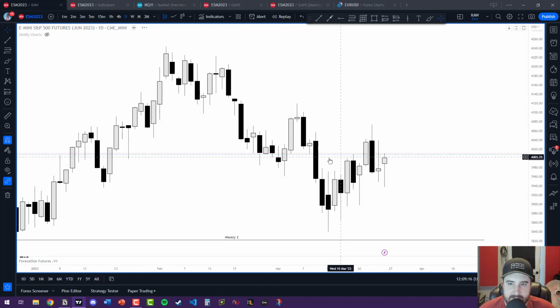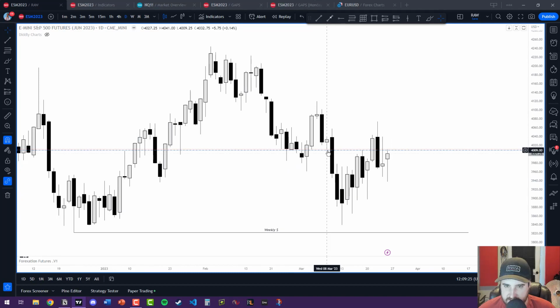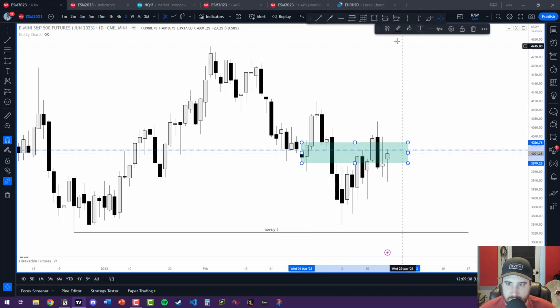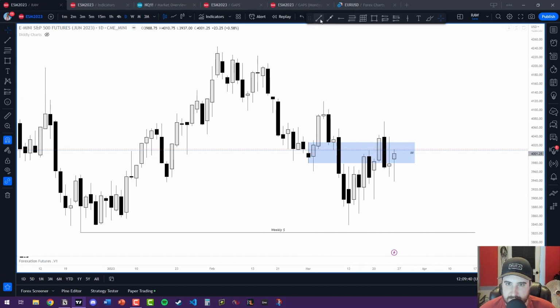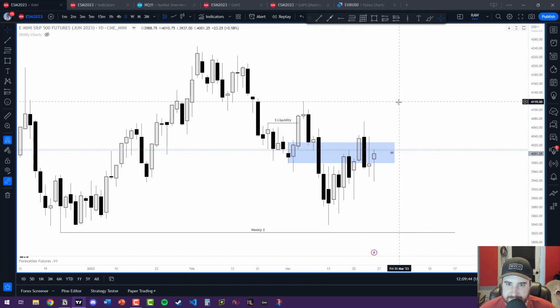Let's dive in on the daily chart. Again, it looks like it filled in this fair value gap. We went up, down, up. We have this breaker block right here because of this taking out the liquidity there.